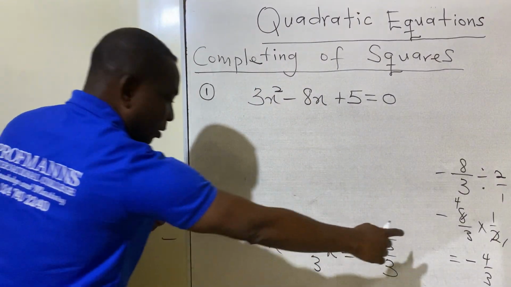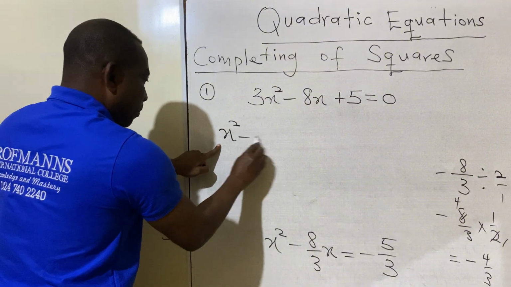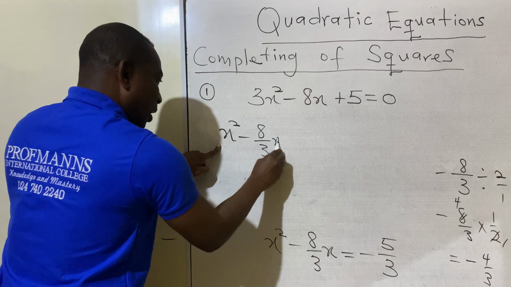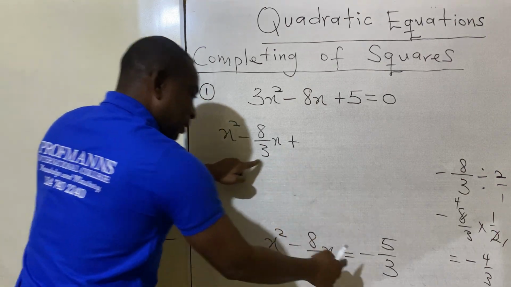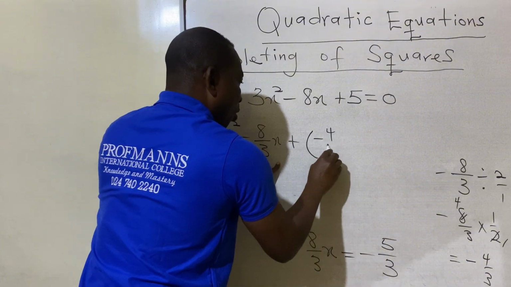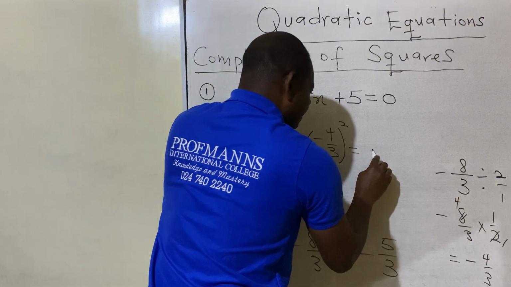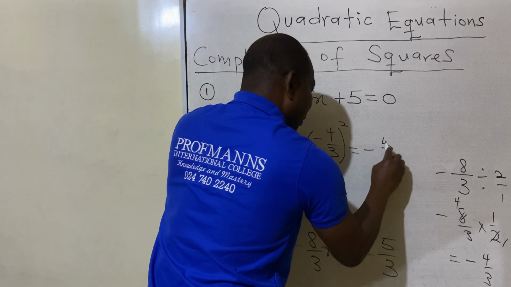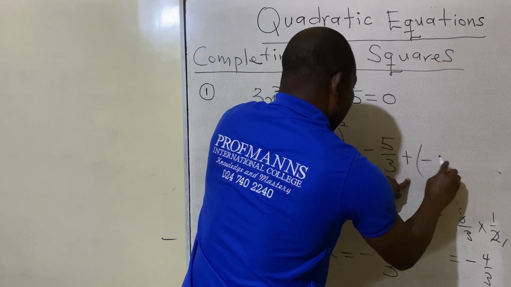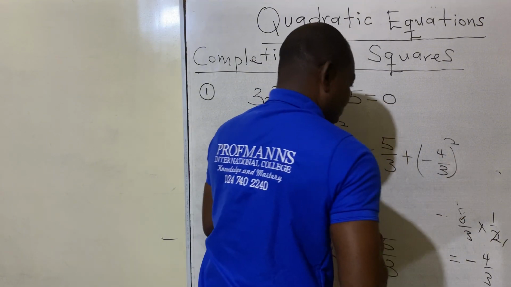So in this case, it is going to be x squared minus 8 over 3 x plus, then we square this, so we put in brackets minus 4 over 3 squared. And then we have minus 5 over 3 plus the minus 4 over 3 squared.